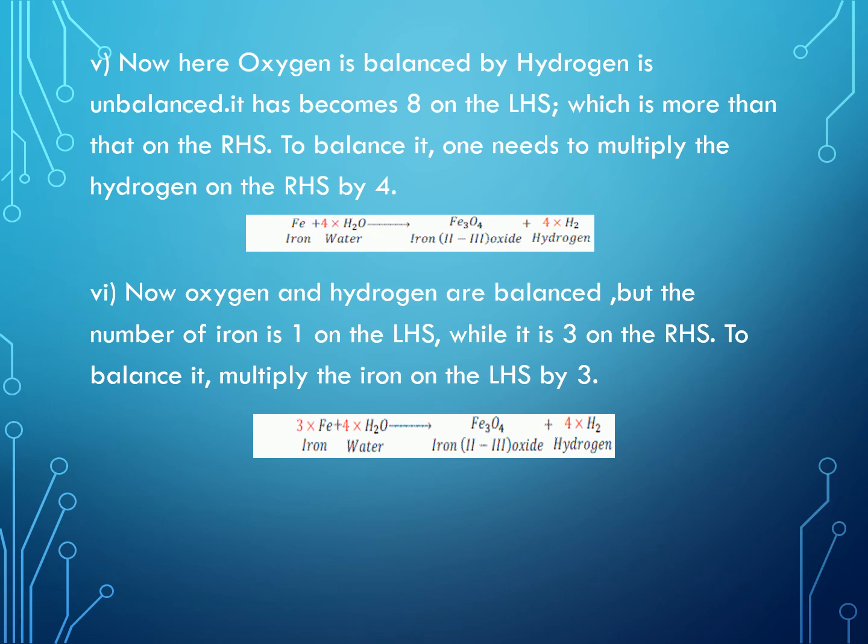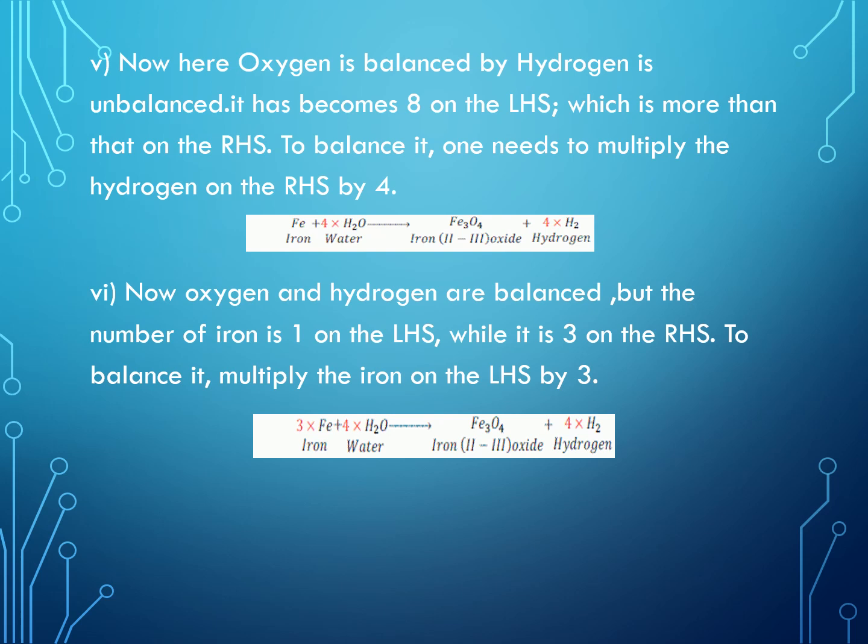Now if we see, our oxygen and hydrogen atoms are balanced, but the number of iron atoms is still unbalanced. It is 1 on the left hand side but 3 on the right hand side. So we will multiply the iron atoms on the left hand side by 3 to make it balanced.